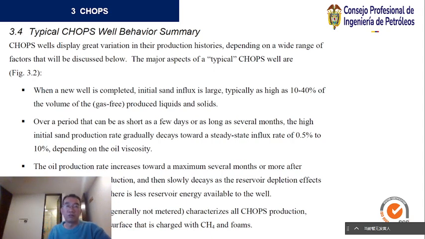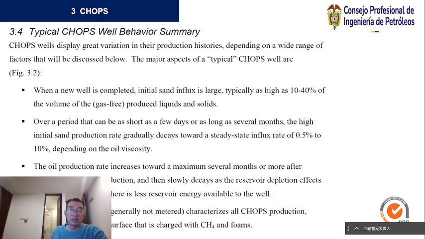Typical CHOPS well behavior summary. CHOPS wells display great variation in their production histories, depending on a wide range of factors that will be discussed below. The major aspects of a typical CHOPS well are as follows.